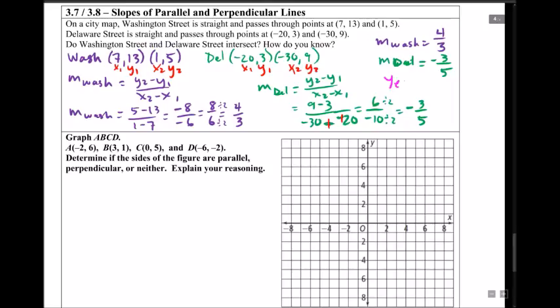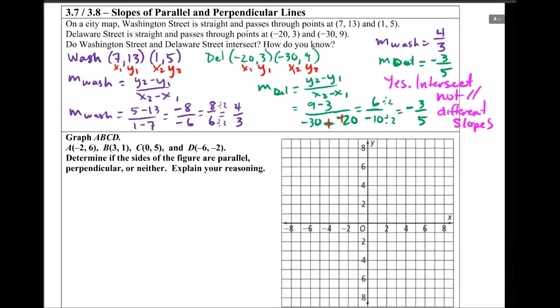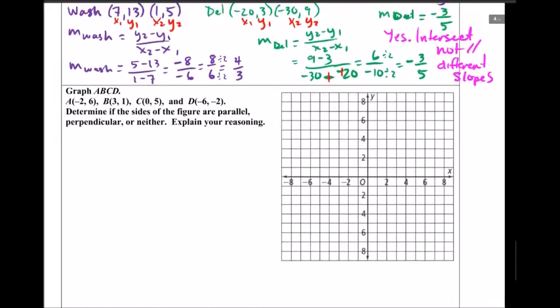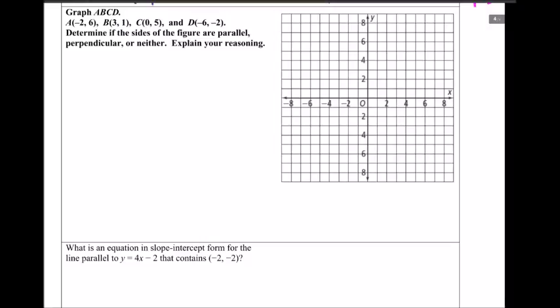So yes, the streets intersect because they are not parallel. They have different slopes. There really isn't anything special about them, but those streets will intersect.